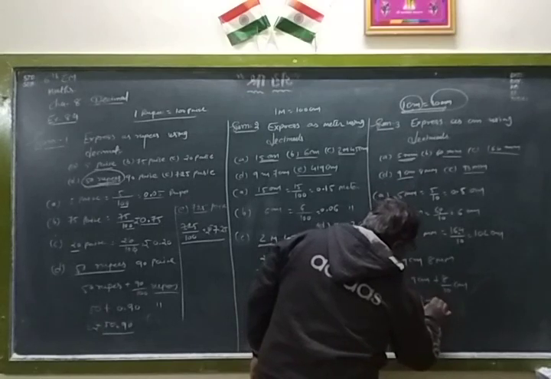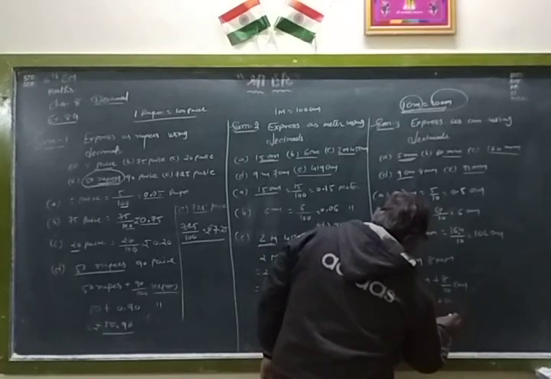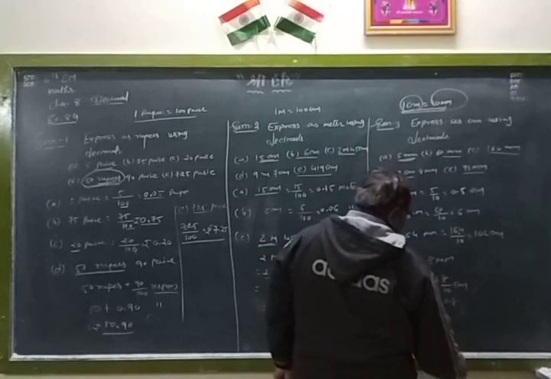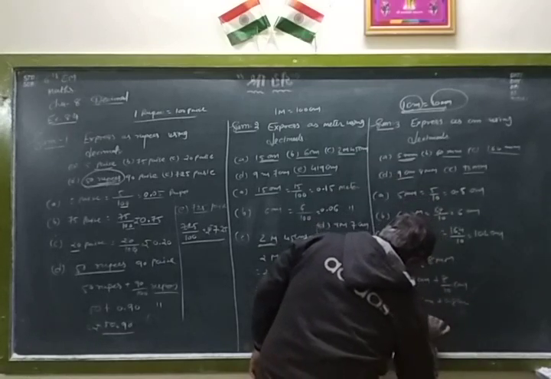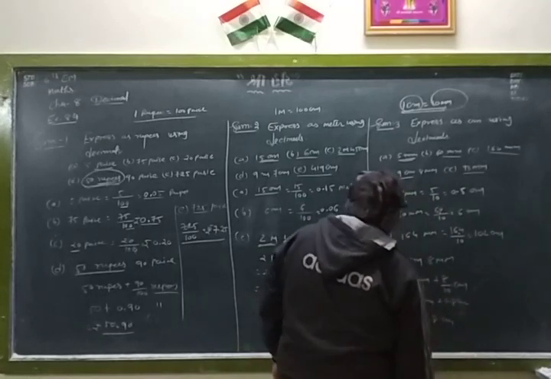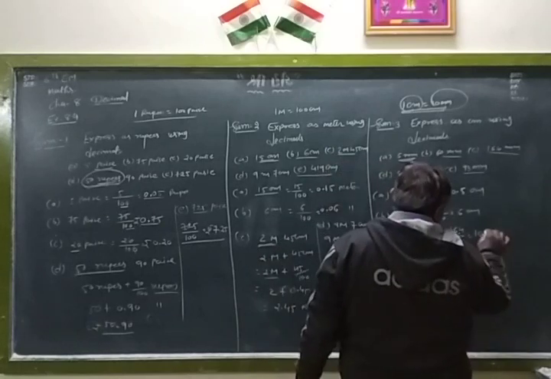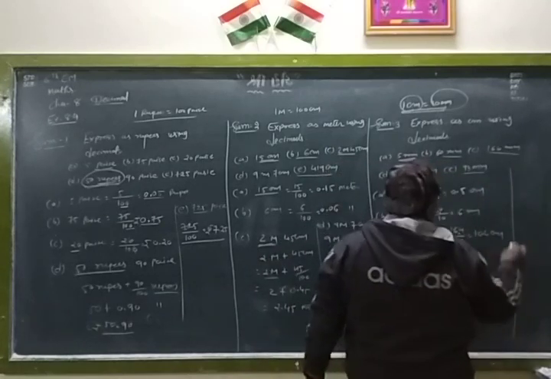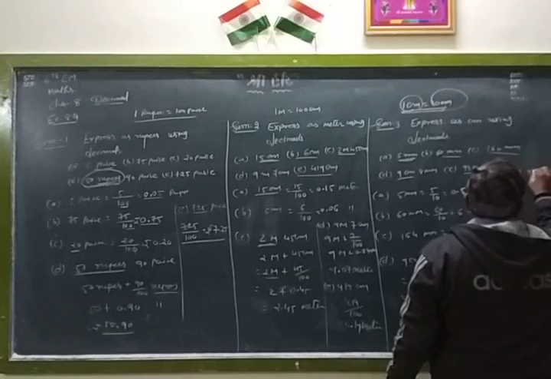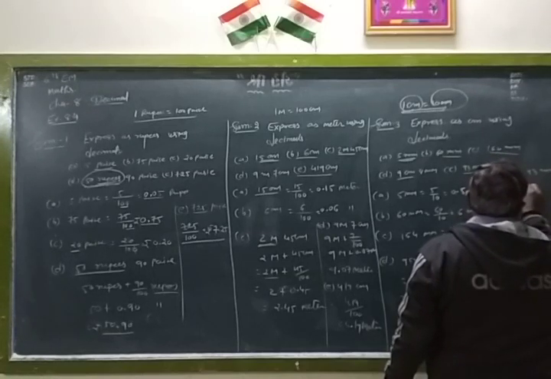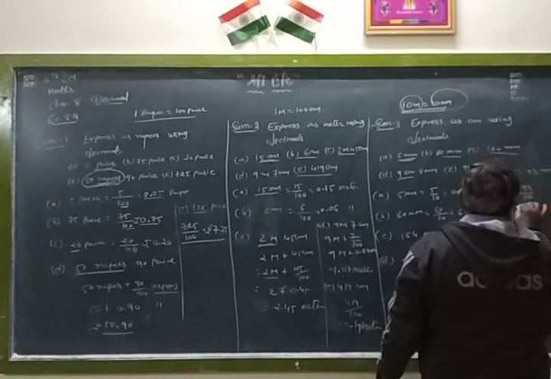So 9 centimeter plus 0.8 centimeter is equal to 9.8 centimeter. Now last, E is equal to 93 mm divided by 10, so 1 digit cut, 9.3 centimeter.